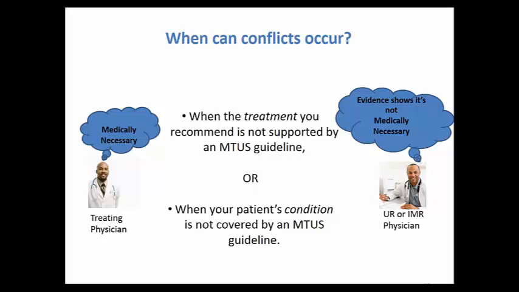Or two, the MTUS guidelines do not address your patient's condition, and you found and cited recommendations outside of the MTUS guidelines. In this second scenario, since the MTUS guidelines are silent, both UR and IMR physicians are obligated to search the medical literature to find recommendations outside of the MTUS, and the recommendation they find may conflict with the recommendations that you found.